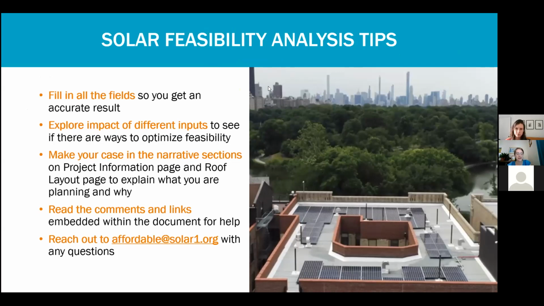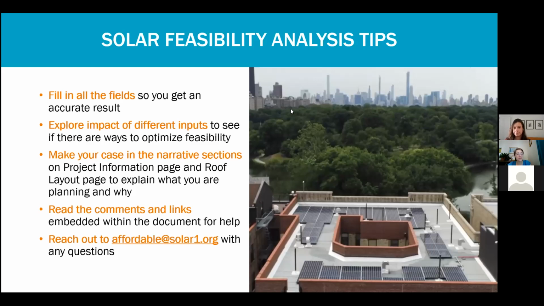Sometimes you have a system size that's like 29.5 kilowatts. If I just make that 31 kilowatts, maybe the price would show up as lower. And so you can check out the different outputs for that.